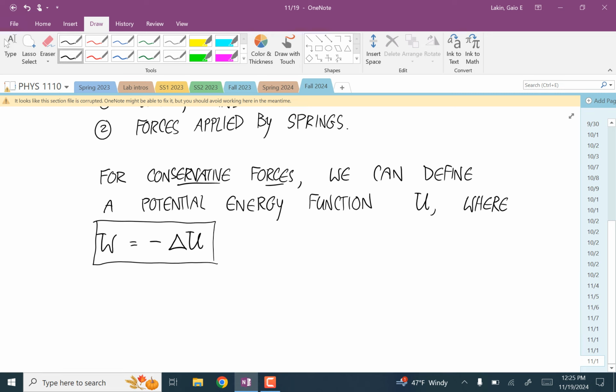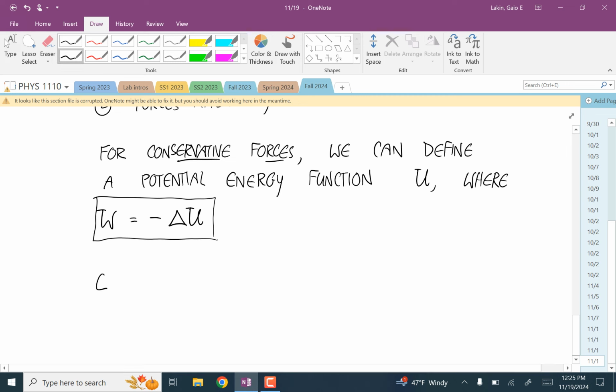Okay, so let me show you how this works. Forces that are not conservative, non-conservative forces, there's no such thing as potential energy for those. Potential energy requires the force to be conservative. It requires it to be a force field.